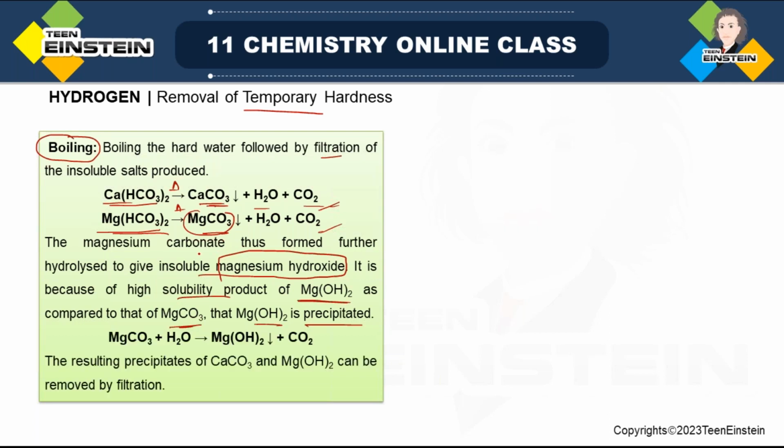This is the equation: once MgCO3 is formed, it further reacts with water to produce Mg(OH)2. So the ultimate precipitate for the Mg salt is Mg(OH)2. Finally, in the medium you will have insoluble CaCO3 and Mg(OH)2, and you can remove them by filtration. So this is the first method for removal of temporary hardness.